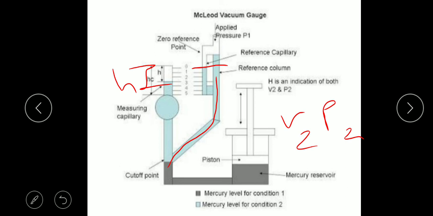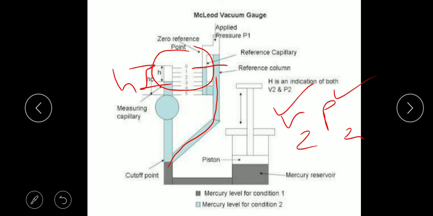V2 and P2 mean the compressed volume and compressed pressure. By using this scale we will get V2 and P2. V2 is the compressed gas volume, P2 is the compressed pressure, and we know V1, the volume before the compression, and P1 will be unknown, and this whole system works on the principle of Boyle's law.